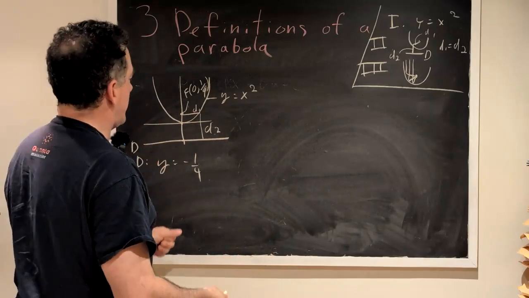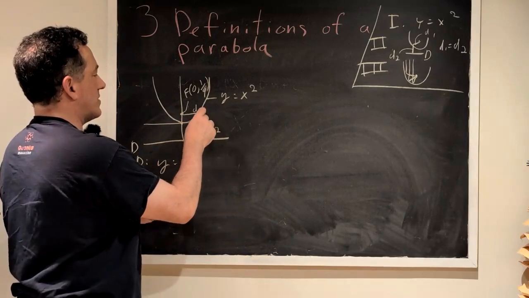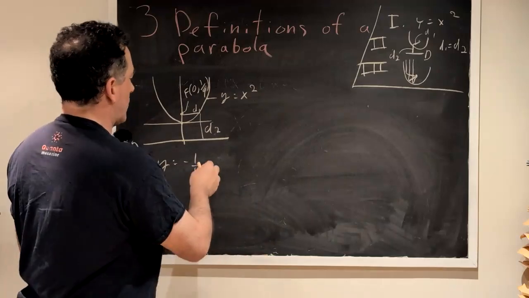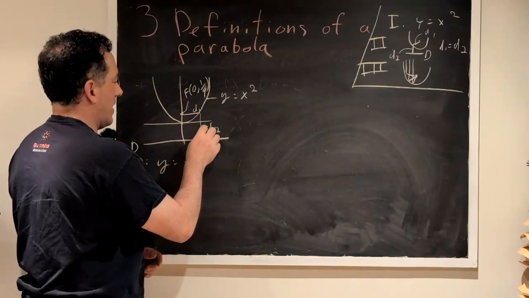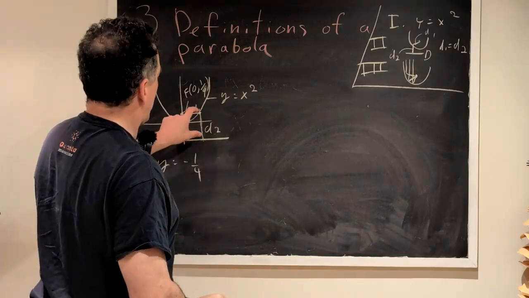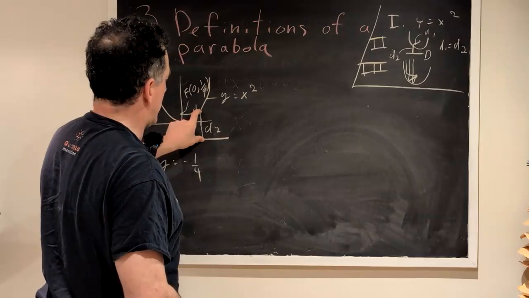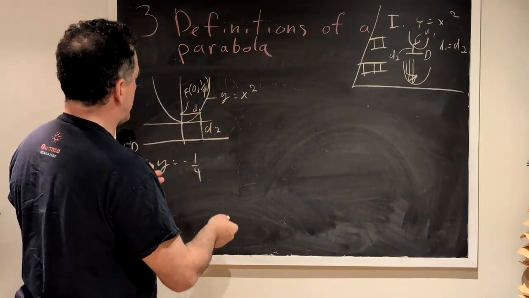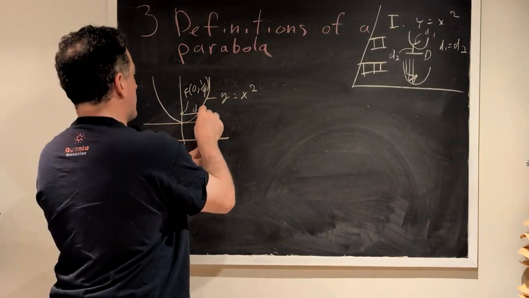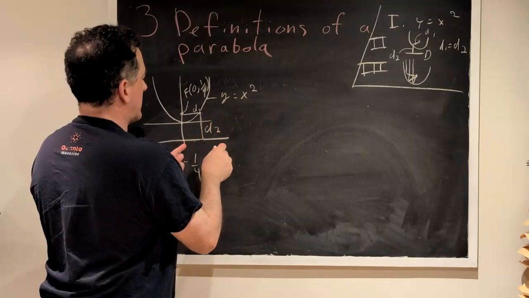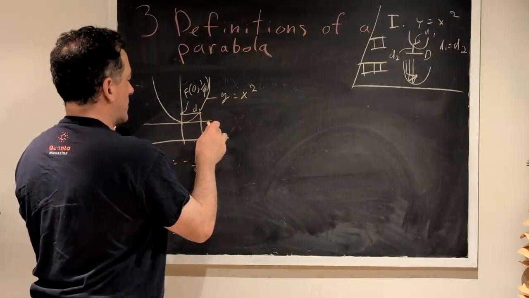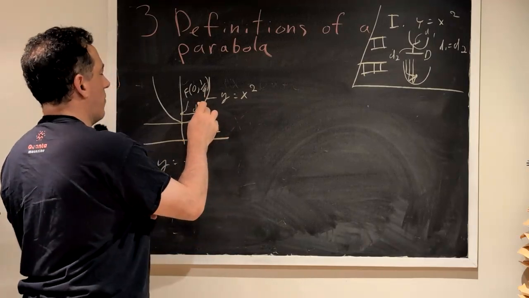So d2 is very easy because it's the distance between the line and the point. How you get it, you just extend a perpendicular to the straight line up to where you have the point, and you measure the length of this line segment. And here it's pretty easy because this line is horizontal, so this thing is vertical, and the distance is simply the difference between the y-coordinates of the line and of the parabola.